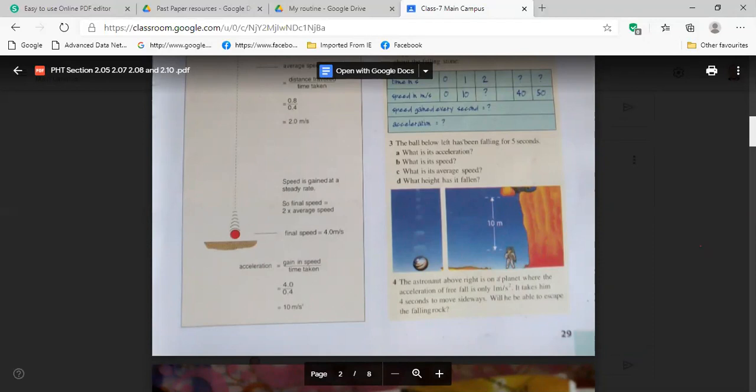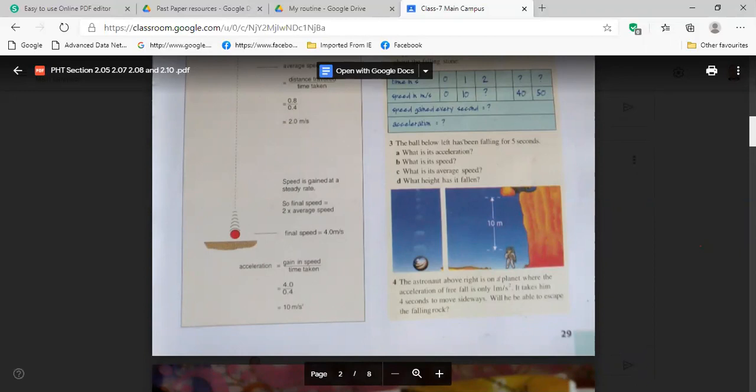And initial is the first velocity, the original speed. Yes, correct. At the beginning, what you have, that is initial. At the last, what you have, that is final. Is it clear? Yes, sir. Okay. So you go through the questions and answers we did.